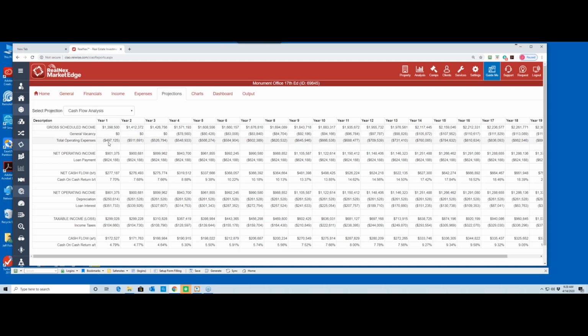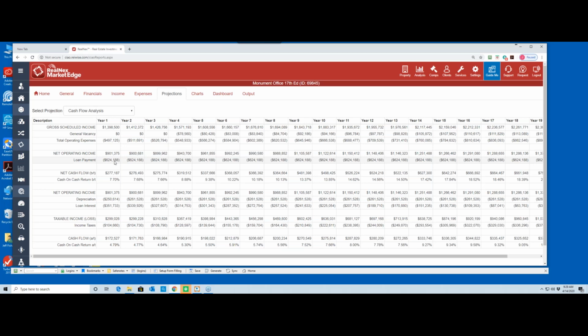Then we have our operating expenses. So this is the total of each of those that we had talked about for the operating expenses. That gives us our net operating income. Okay, our income minus the vacancy minus operating expenses gives our net operating income, NOI.